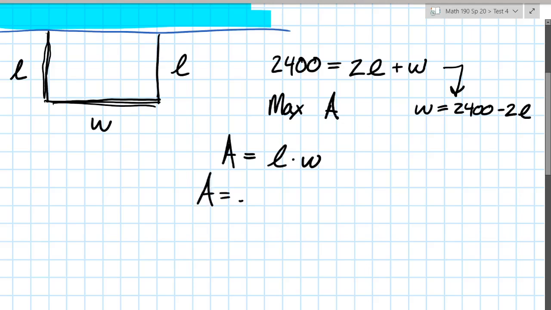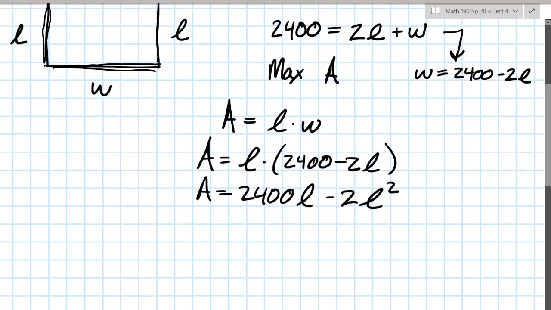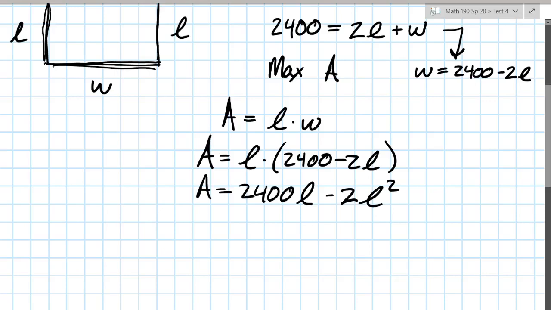A equals L times 2,400 minus 2L. Now we have something that we can take a derivative of, and we won't have to worry about product rules if we do a little bit of algebra here. 2,400L minus 2L squared. Now we recognize this is a parabola opening down, so it should have a maximum.